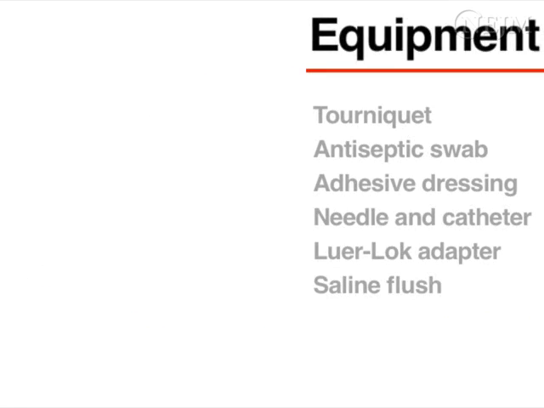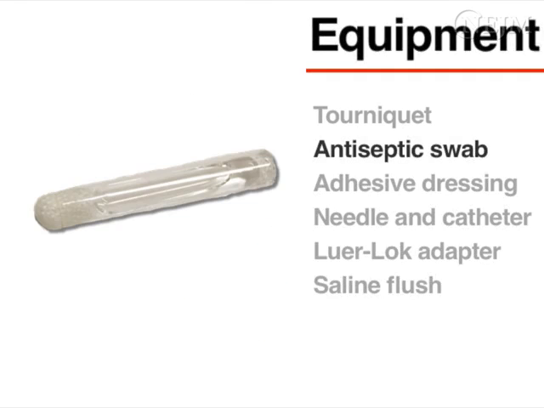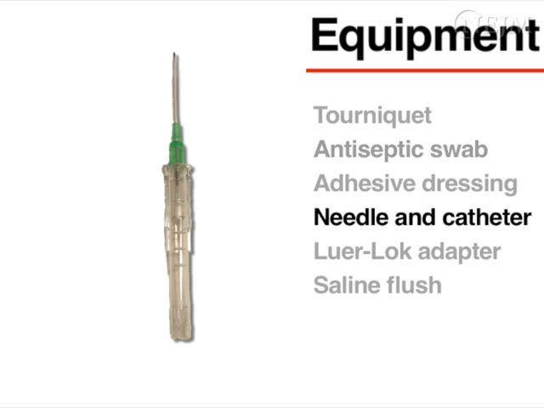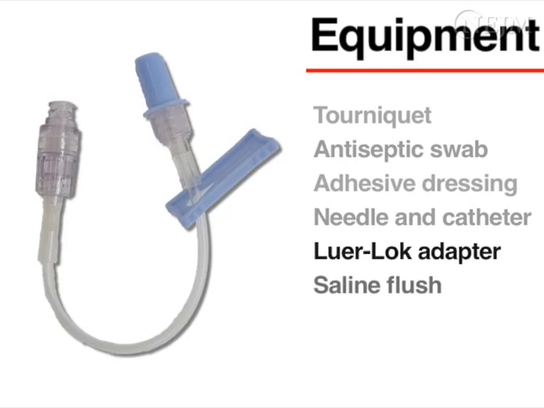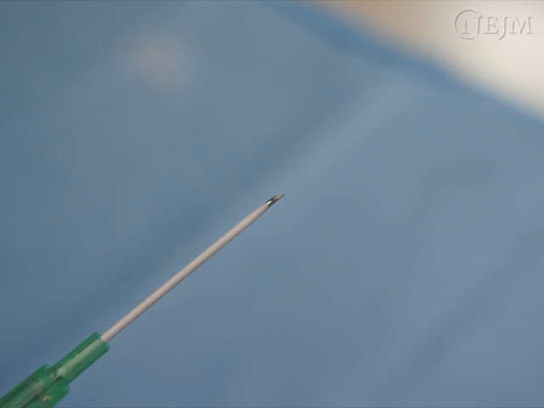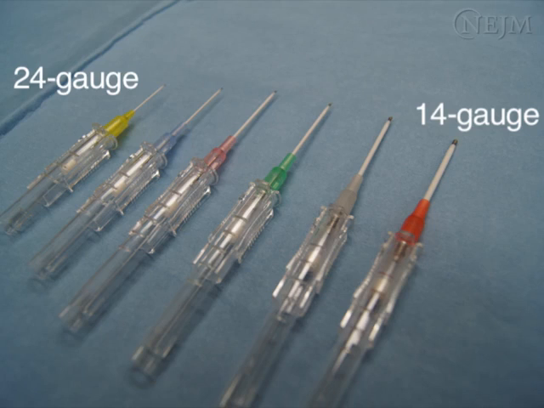Before starting the procedure, collect the necessary supplies. You will need a tourniquet, an antiseptic swab, an adhesive dressing, a needle and catheter, a luer lock adapter, and a saline flush. The most common IV catheter consists of an inner needle and an outer catheter. Common sizes range from 24 gauge for newborns to 14 gauge for adult trauma patients.